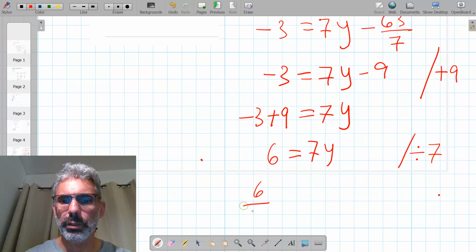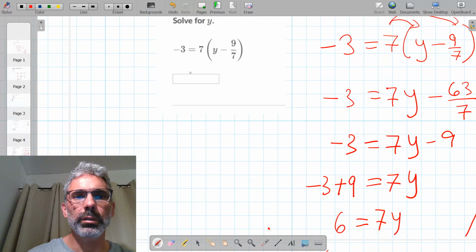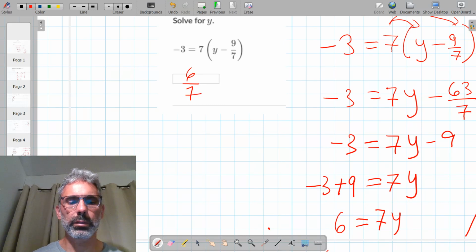So 6 divided by 7 equals y. Okay, so y equals 6 sevenths.